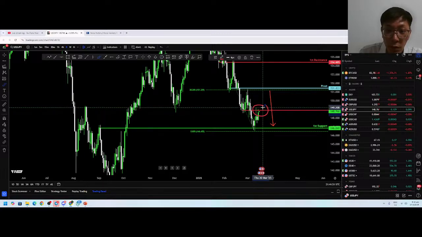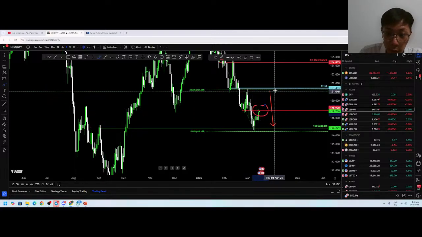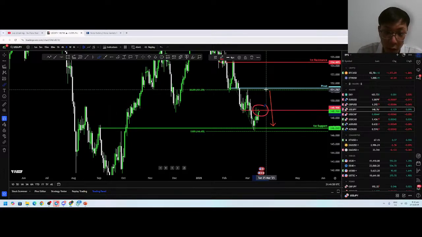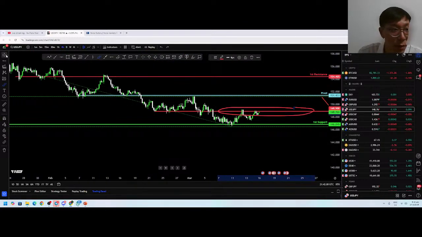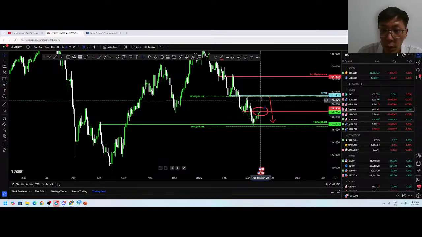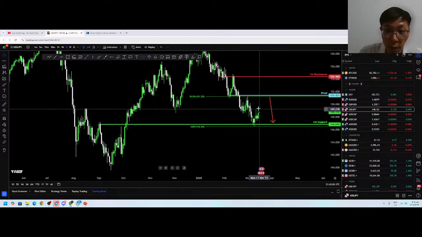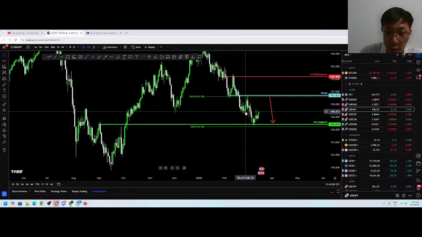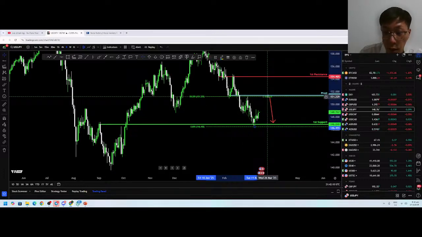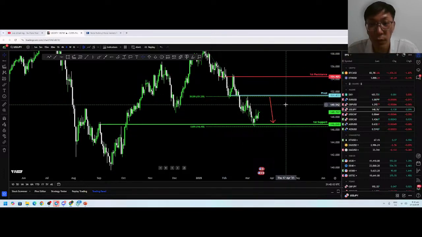If it breaks past this level, the next level that we want to look at is this pivot point. Then we will have more confidence to enter a trade at this pivot point, because we can see price breaking past this area, so there is a likelihood of price rejecting this pivot point.